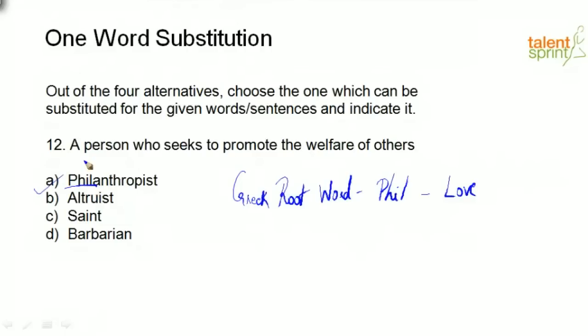So option A. Again, one of the ways in which you can connect to the phrases is, like I said, always look at keywords. Promoting welfare of others, right? That's the keyword. Somebody who seeks to promote the welfare of others cannot possibly do that if they don't have love, or in this context we're talking about compassion, right? Compassion for another fellow being.